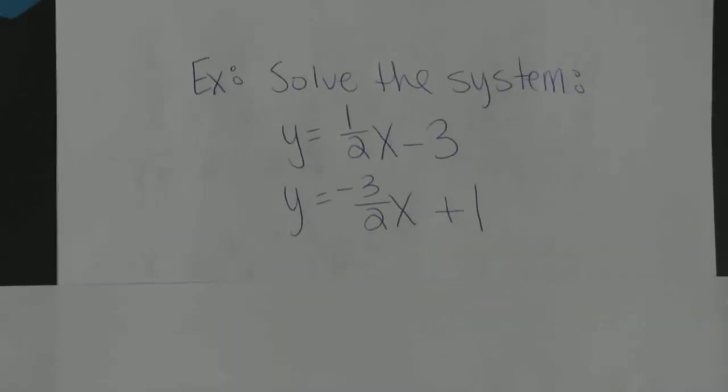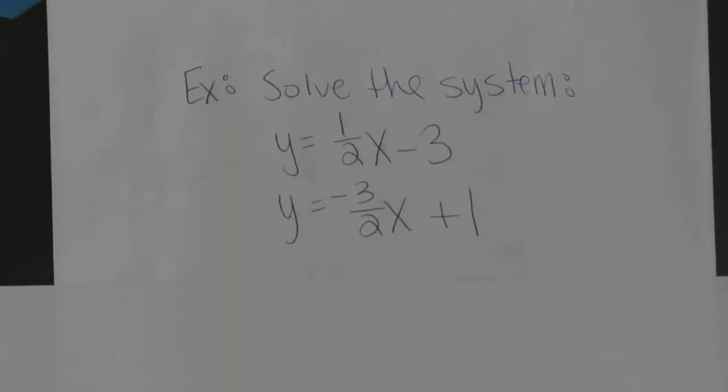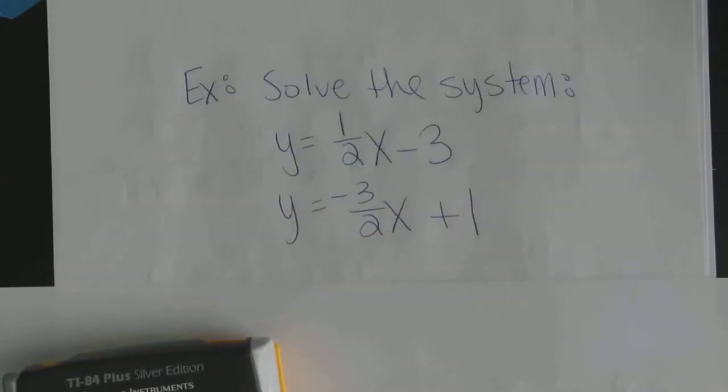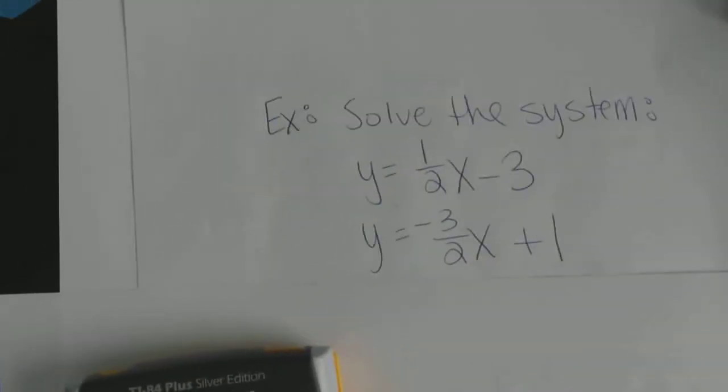Isn't that cool? Okay, let's do one more, graphing. Okay, example. Solve the system. y equals 1/2 x minus 3 and y equals negative 3 over 2 x plus 1.